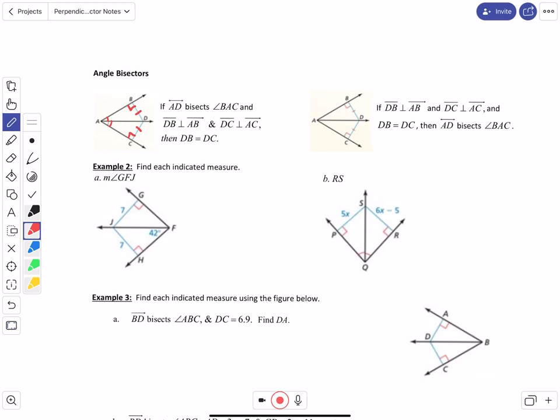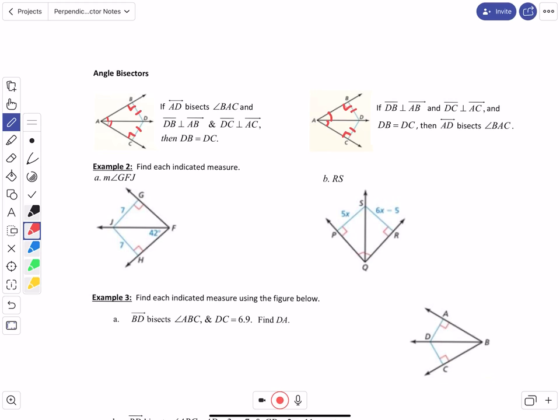So if we know that DB is perpendicular to AB and DC is perpendicular to AC, and if we know that these are congruent, then we can conclude that the angles are congruent.